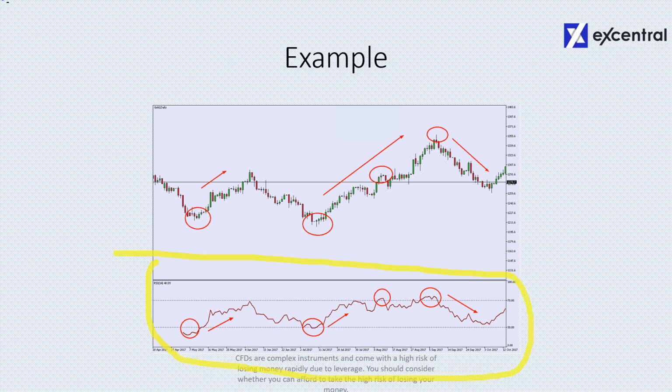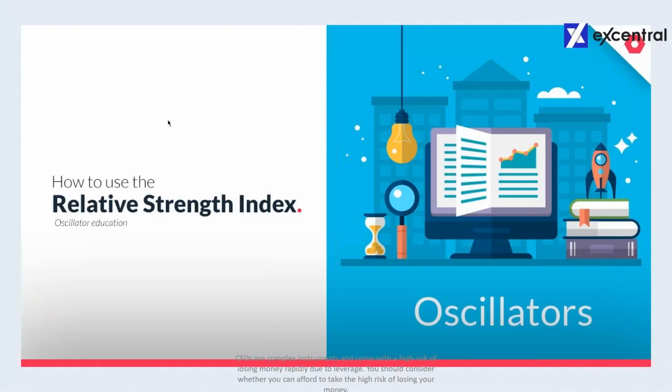Now, RSI falls into a category called oscillators. Why are these called oscillators? Well, think of an old radio oscillator. It's something that just goes up and down, up and down, but stays within a boundary. RSI falls into what's called bounded oscillators.